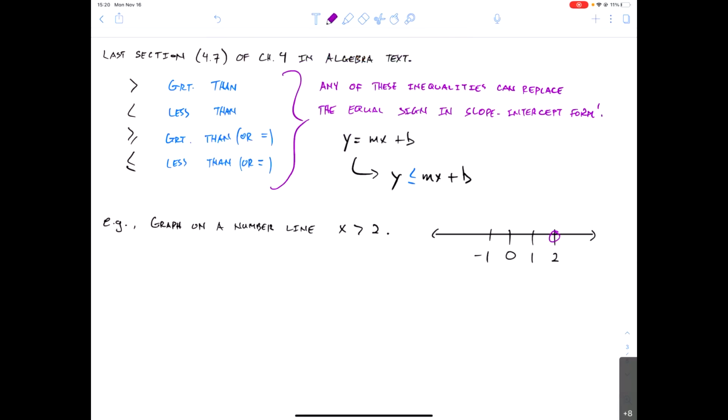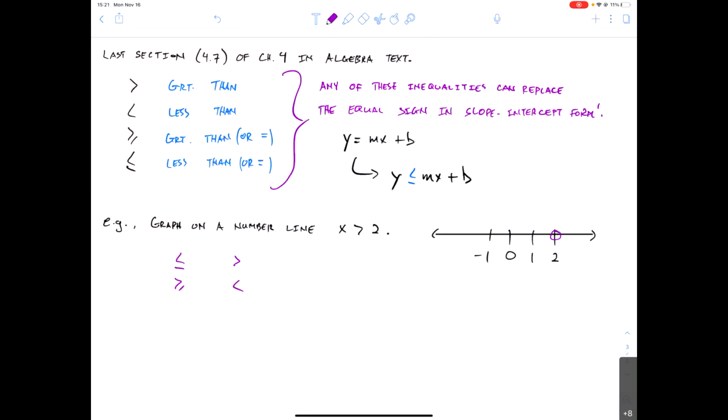Anybody remember? If it's not greater than or equal to, it's open, right? So basically, when the inequality doesn't have the equal sign, it's an open circle.